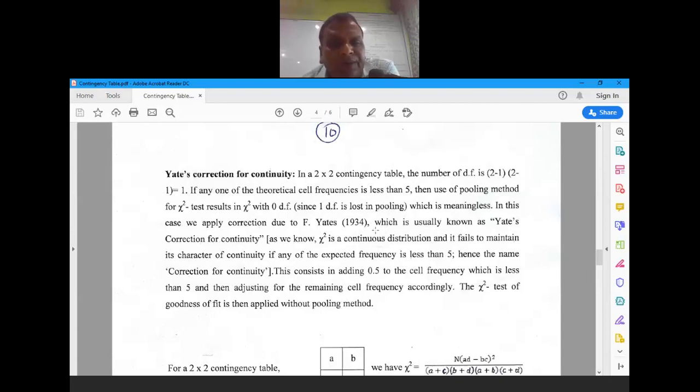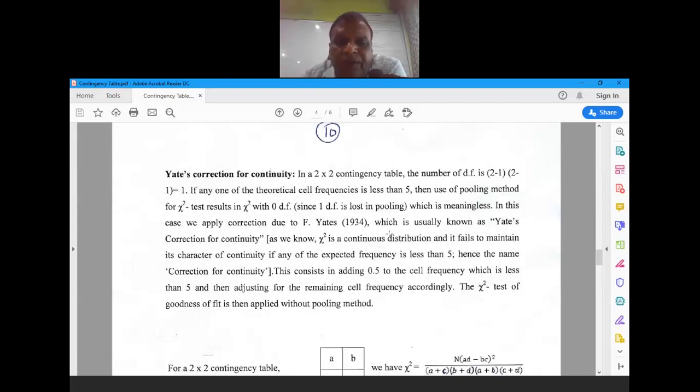So we come to the correction. What are the conditions for the validity of the chi-square test? We have seen that if a cell frequency is less than 5, then the continuity of the chi-square test cannot be maintained. That's why we go for its correction for continuity.